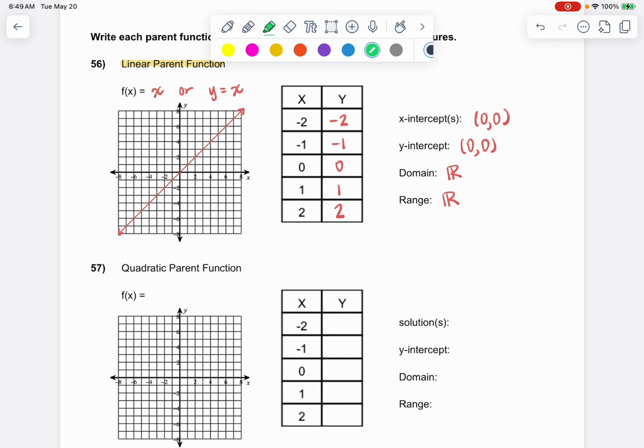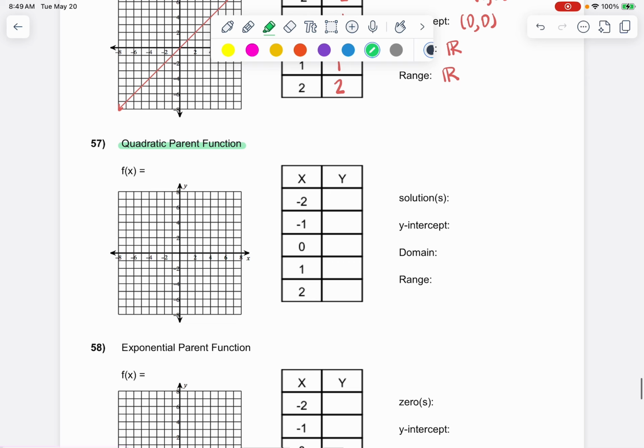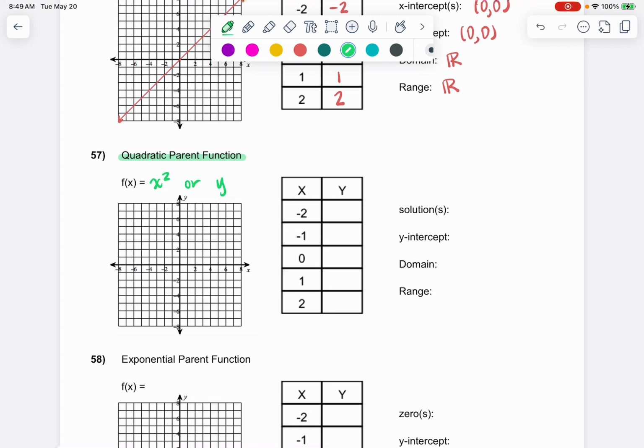All right, next up is the parent quadratic function. So f of x equals x squared, or y equals x squared, whether you put the f of x or y, I don't care. And so that means all my y values are my x's squared. Well, -2 squared is 4, -1 squared is 1, 0 squared is 0, 1 squared is 1, and 2 squared is 4.